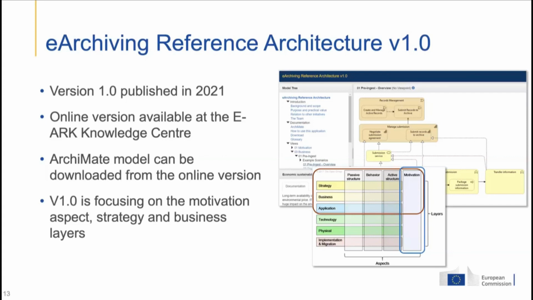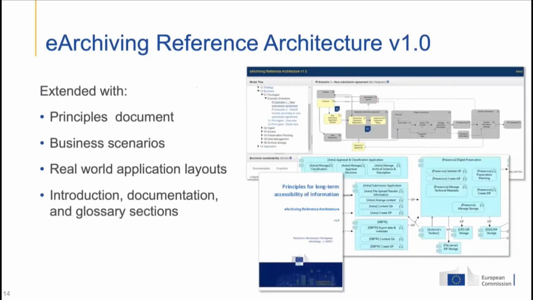In this first version, we were focusing on the strategy, business, and application layers, as well as the so-called motivation aspects that cover elements like stakeholders, drivers, goals, principles. The online format provides us with several options that the pure Archimate view cannot offer.